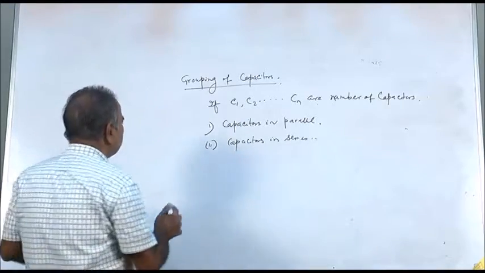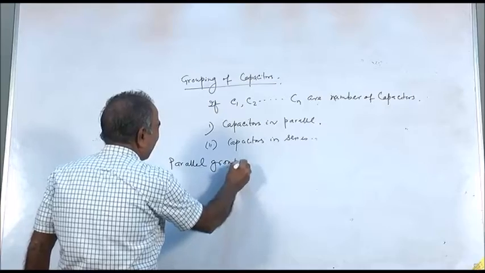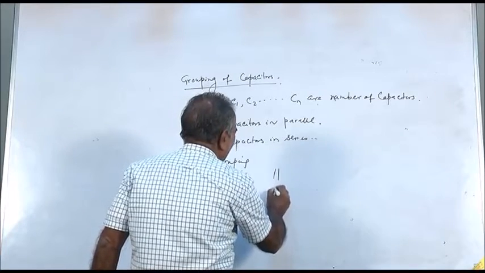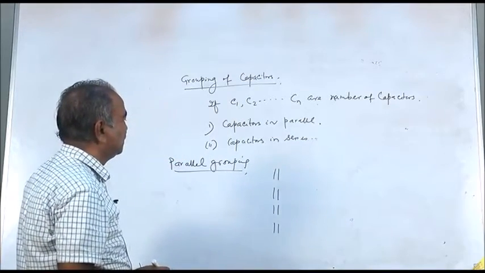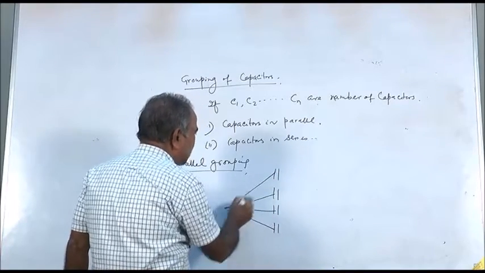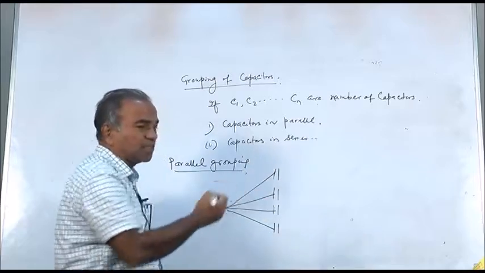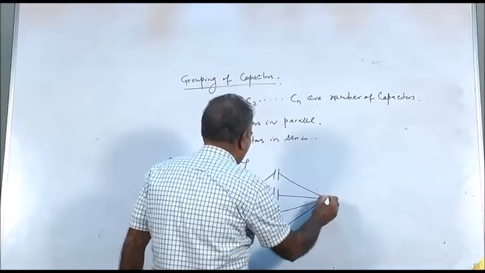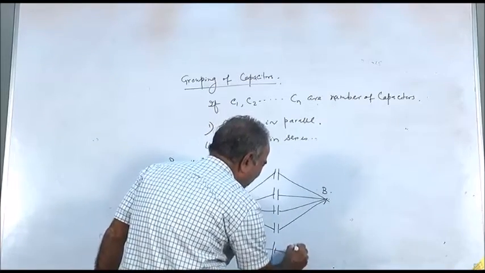In parallel grouping, the first plates of all capacitors are joined to one point A, and similarly the second plates of all the capacitors are joined to another point B. And the whole arrangement is connected to a battery with a key.